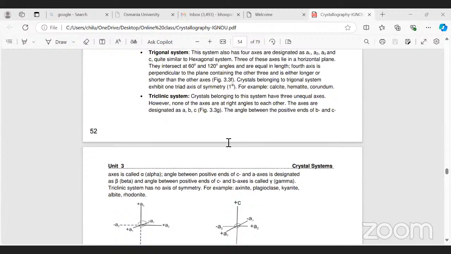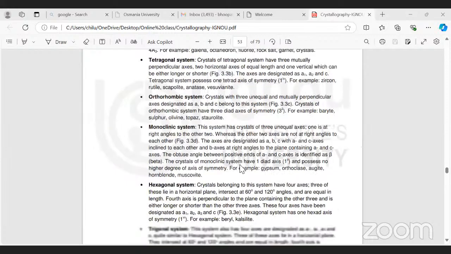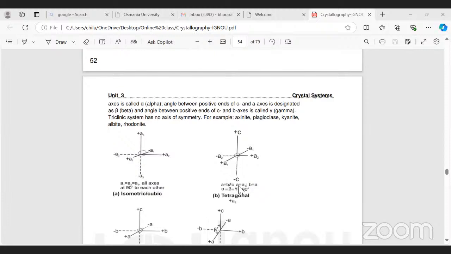Two horizontal axes are of equal length, but the vertical axis is not equal to these two horizontal axes. So A is equal to B, not equal to C, and alpha, beta, gamma are 90 degrees. The angles intersect at 90 degrees only, but the length is different.